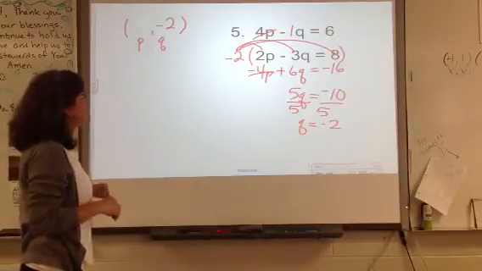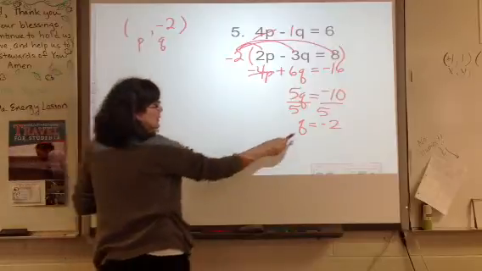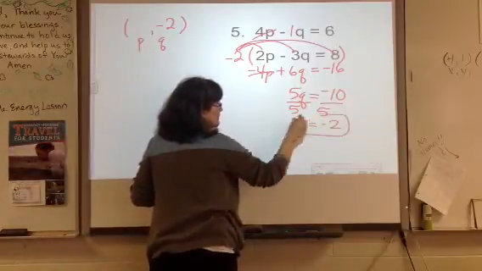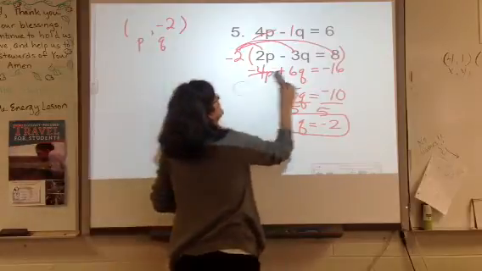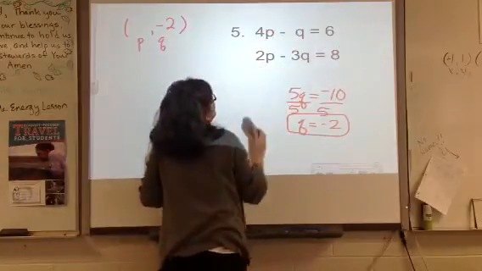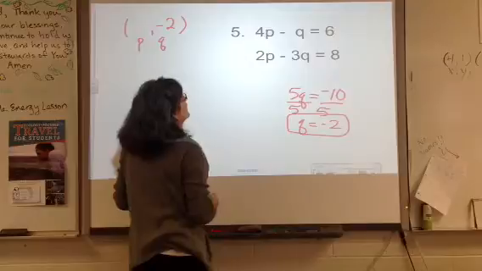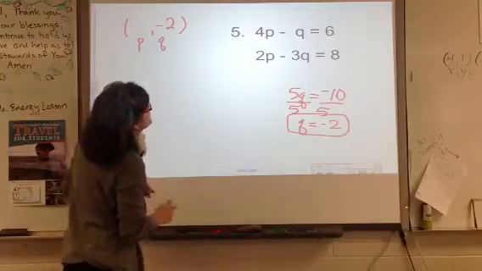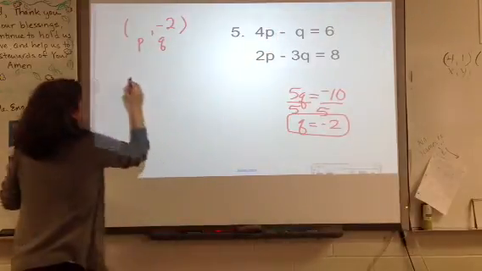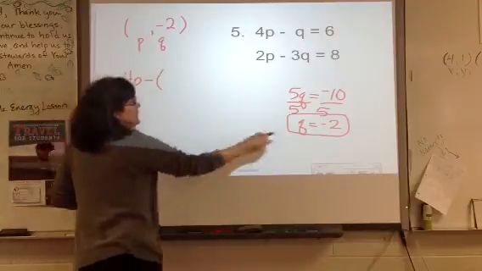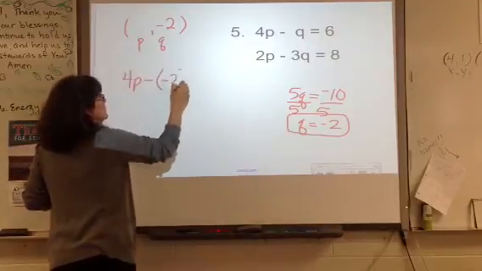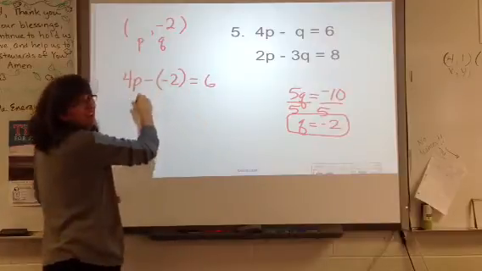Okay, now let's find p, and the way I find p is by putting negative 2 in for q into either one of those equations. I think I want to put my q into that first one. 4p minus q is negative 2... 4p minus negative 2 equals 6. See that negative, negative?